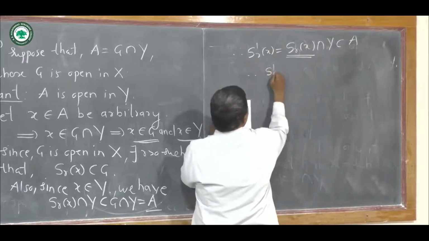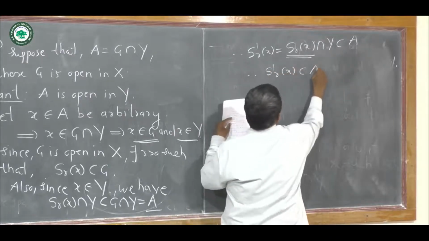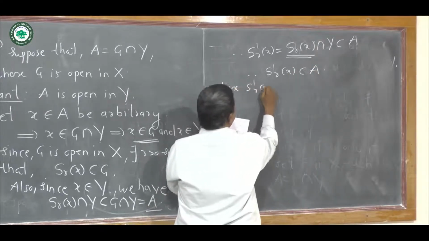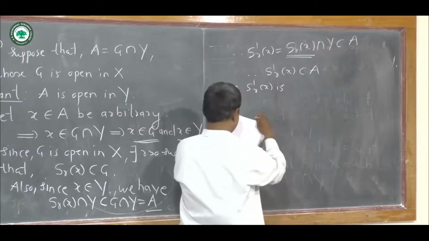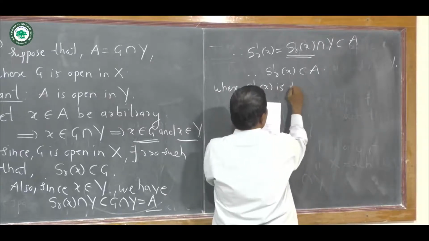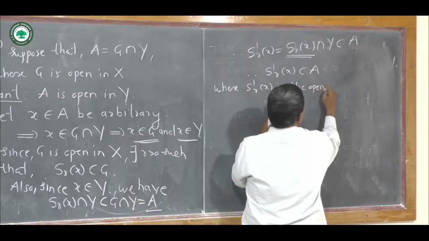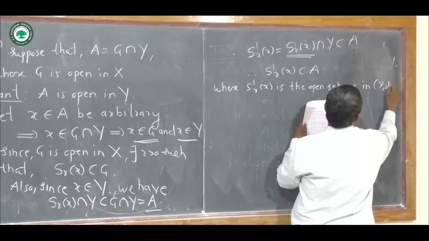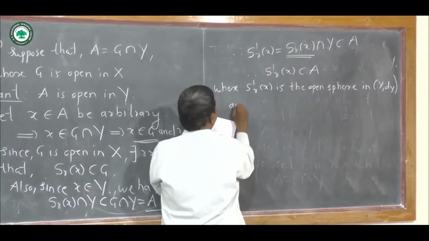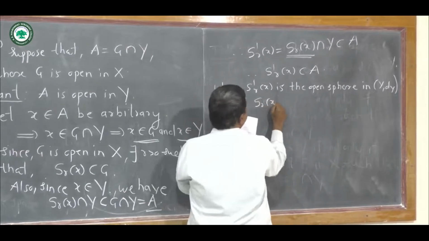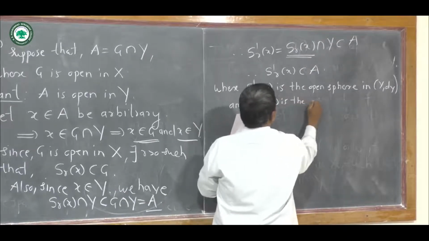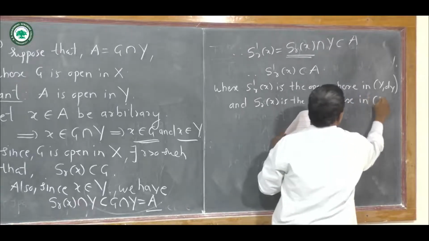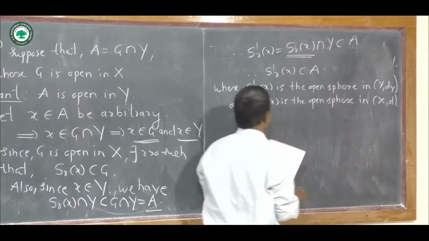So therefore this open sphere is contained in A. Remember, S dash r(x) is the open sphere in the subspace (Y, d_Y), and S_r(x) is the open sphere in the metric space (X, d).